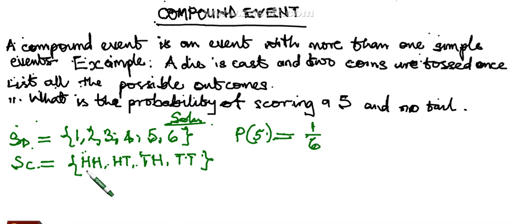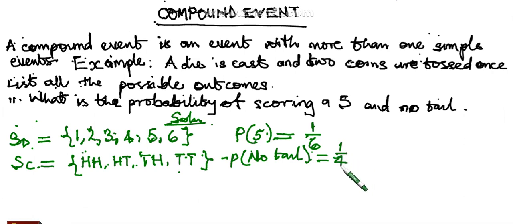So we got P of no tail. This one also gives me 1 out of the 4 sample spaces.